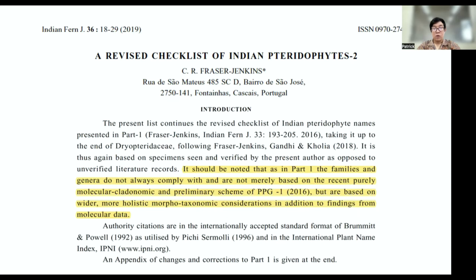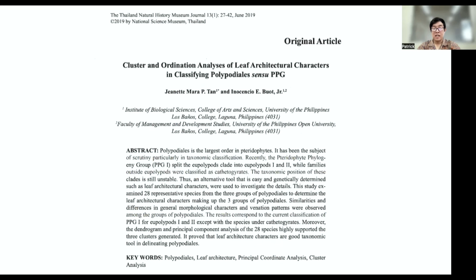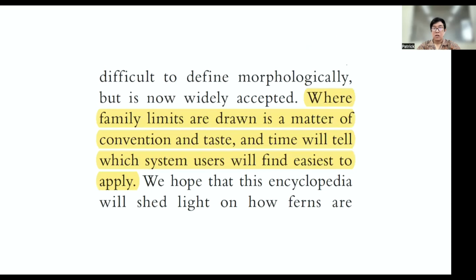Speaking about more taxonomic considerations in addition to molecular data, Tan and Buot 2019 did a cluster ordination analysis of leaf architectural characters in classifying Polypodiales sensu PPG 1. The results prove that leaf architecture characters are a good taxonomic tool in delineating Polypodiales.